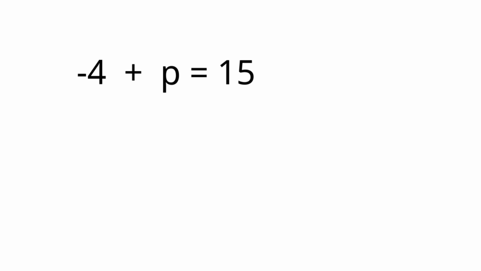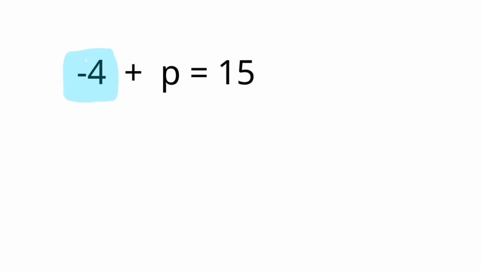Here we have negative 4 plus a number equals 15. Let's highlight what is with that variable. Highlight your negative 4. We have to perform the inverse of minus 4. The inverse of minus 4 is add 4.